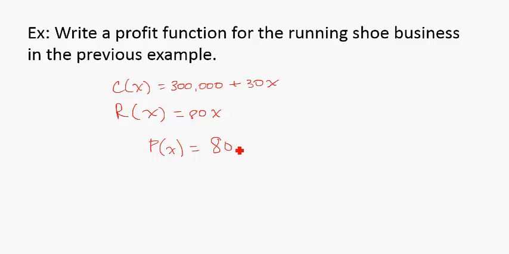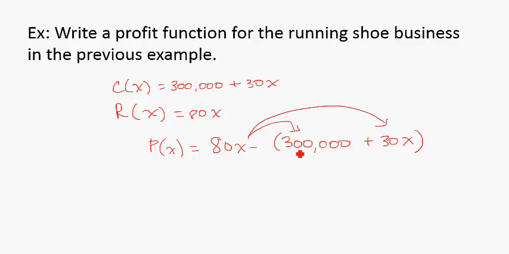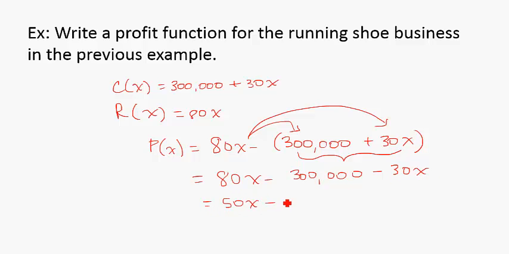So our profit function is going to be our revenue, which is 80x, minus our cost, which is 300,000 plus 30x. And the reason that I put this in parentheses is because I want to distribute that negative because we're subtracting this entire expression. So that's going to give me 80x minus 300,000 minus 30x, distributing that negative. 80x minus 30x is 50x minus 300,000.